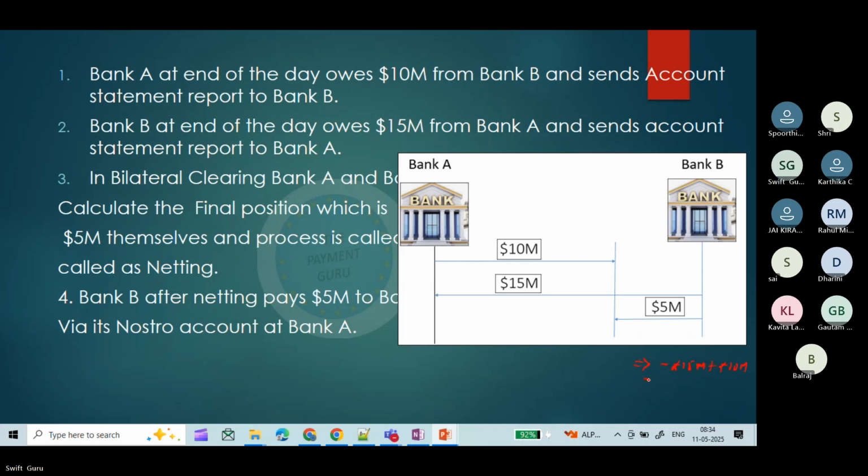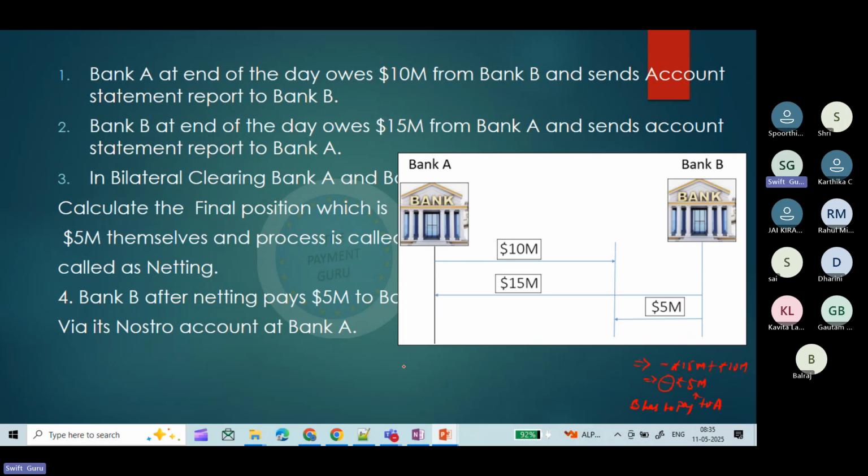So that equals minus 5 million. This is the position: minus, meaning Bank B has to pay to A this amount. This is how the bilateral clearing they have done.